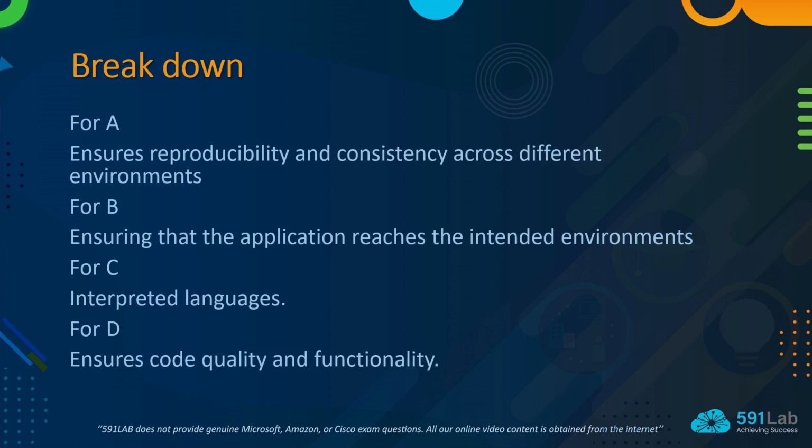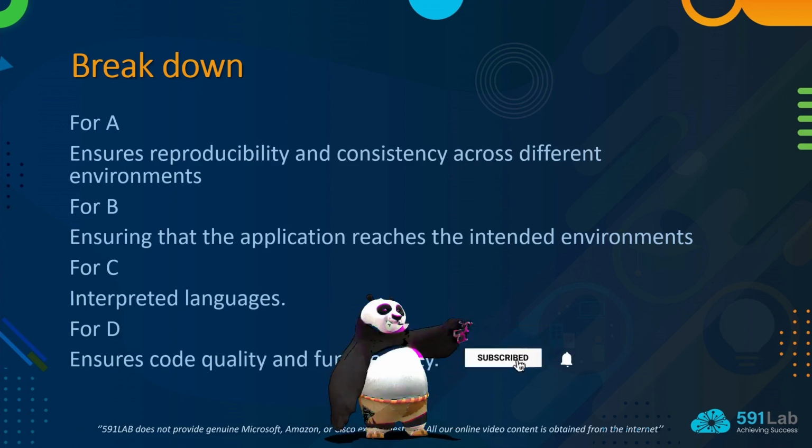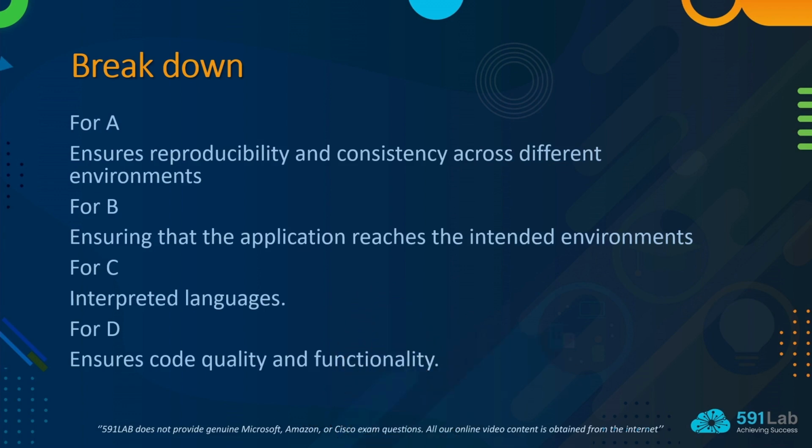Option C. Compilation is the process of translating source code into machine-readable code and is not necessary for interpreted languages like Python, Ruby, and JavaScript. So omitting this step is justified as these languages are not compiled, reducing unnecessary processing in the CI/CD pipeline.